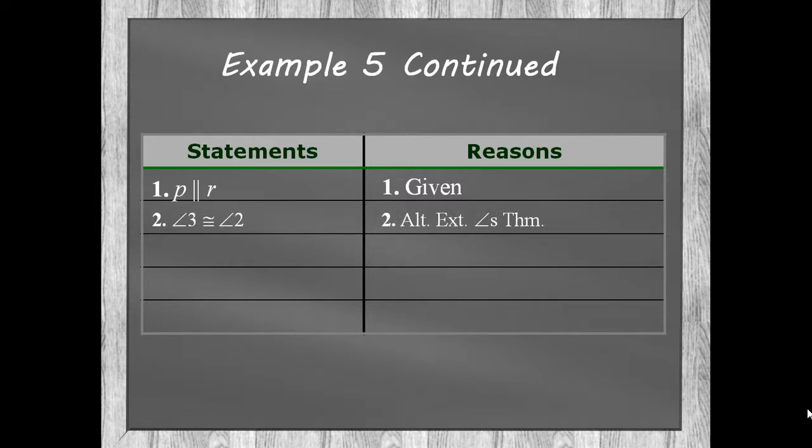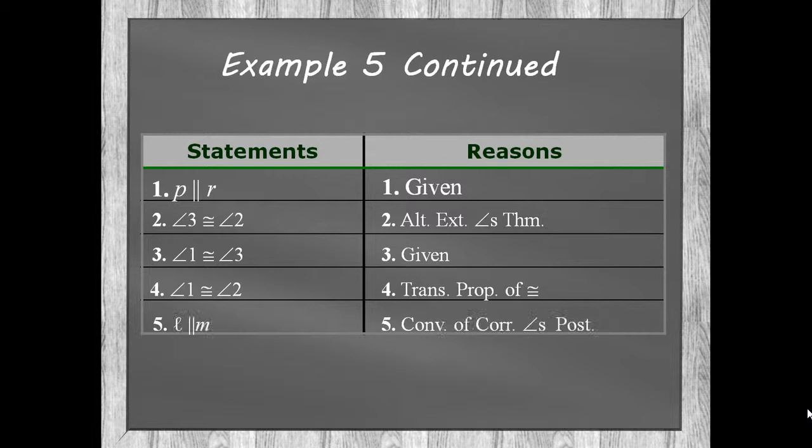Angle 3 is congruent to angle 2. This is by the alternate exterior angles theorem. Angle 1 is congruent to angle 3, and that's given. Angle 1 is congruent to angle 2 by the transitive property of congruence. Therefore, L and M are parallel lines due to the converse of corresponding angles postulate.